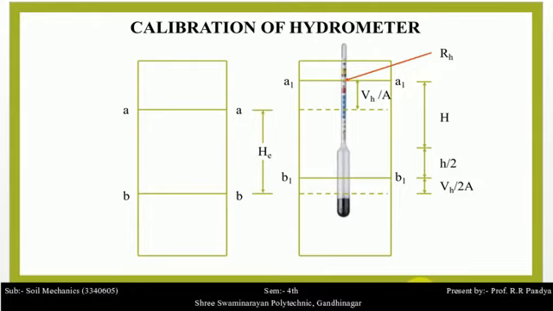Here, the distance from the B1 line to the top of the bulb is considered as h2, and from that distance to the RH point is considered as capital H. Here is the basic calibration of this hydrometer.